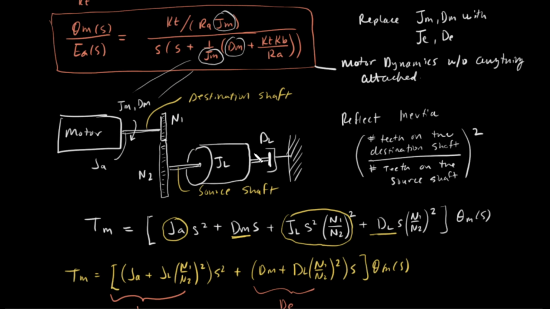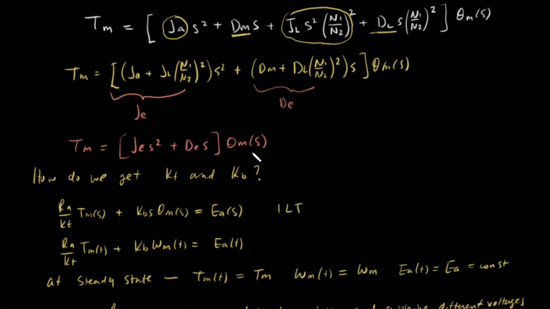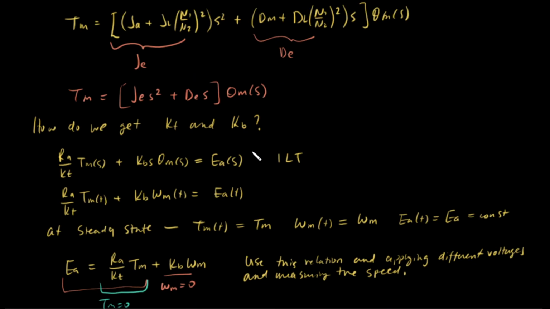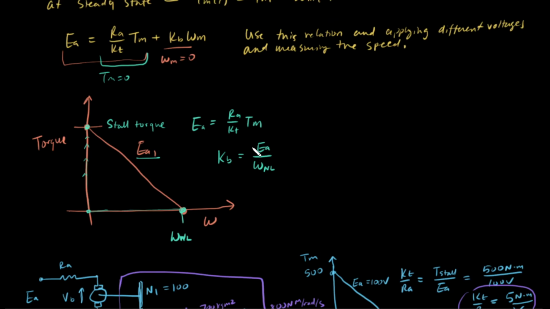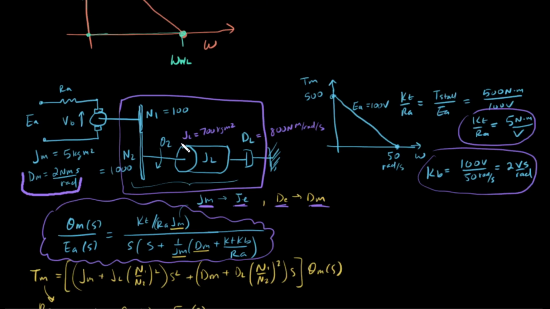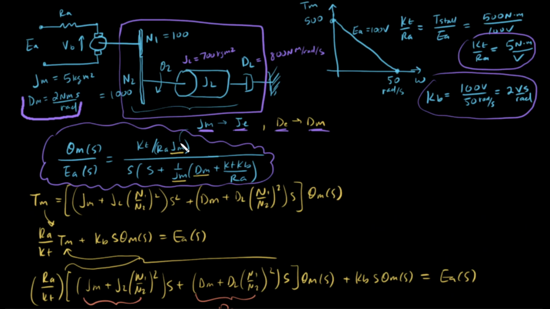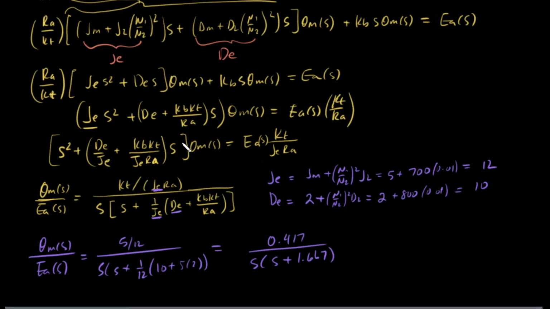And then we showed that those reflected torques are the same. We also showed how we get our back EMF constants and our torque constants for a motor using the stall torque and the no load speeds for a given voltage. And then we put all that together in this example problem where we showed the dynamics between the input voltage and the output position of the motor, in this case the first shaft.